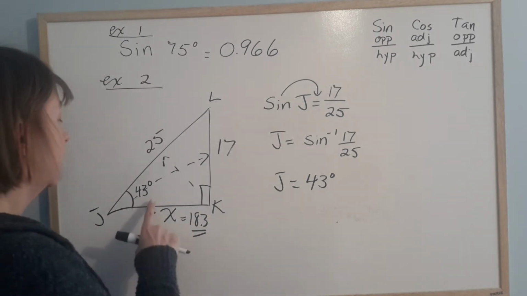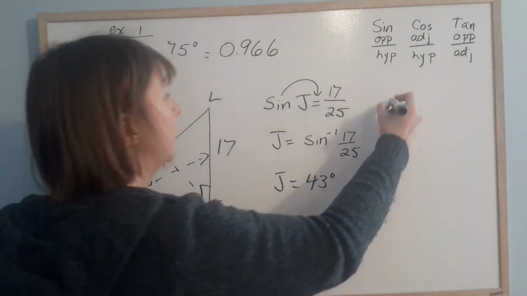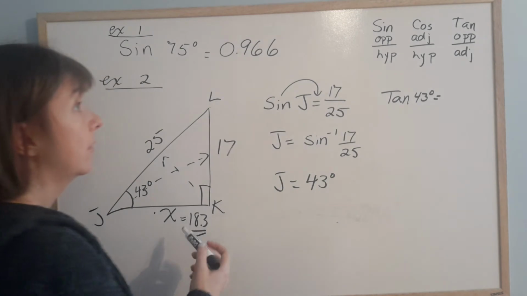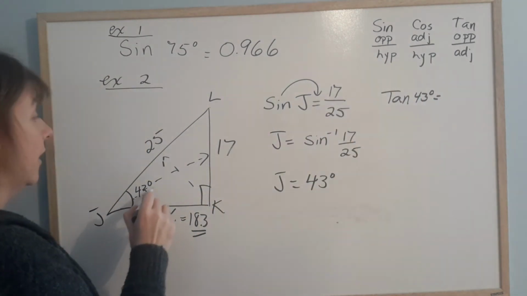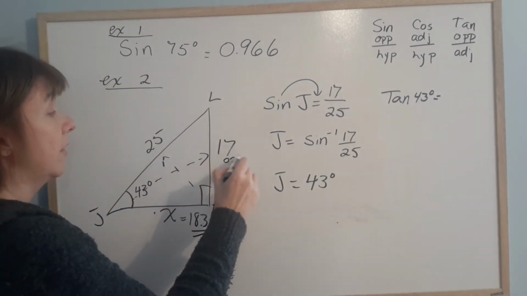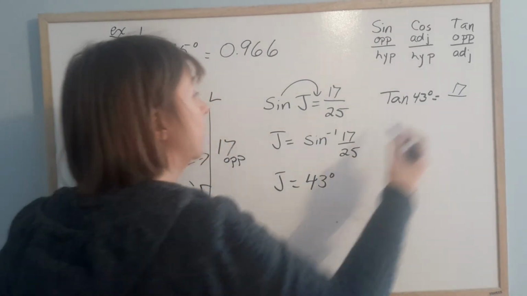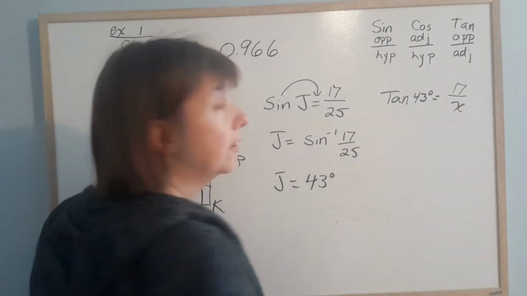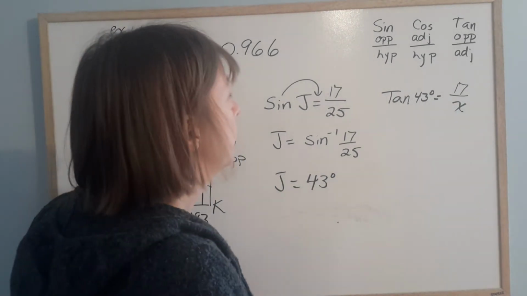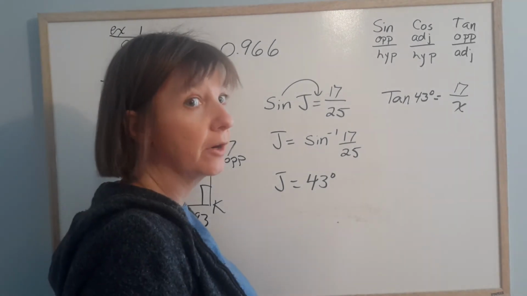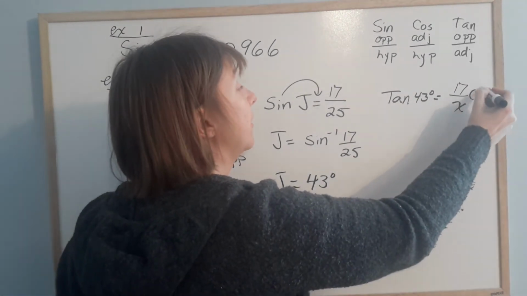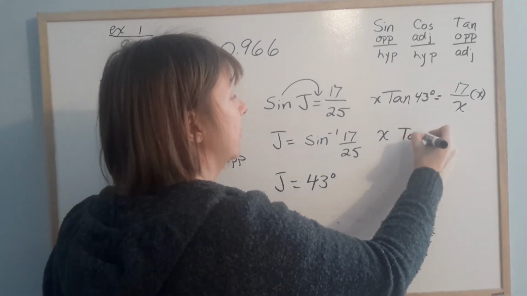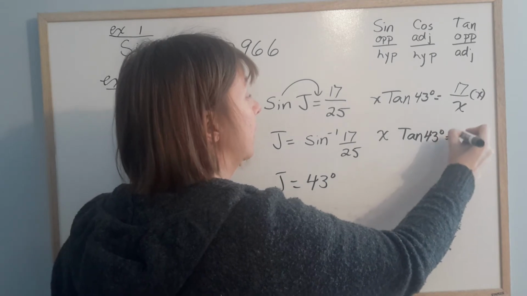Tan of 43 degrees is the opposite side, which is this side, 17, over the adjacent side, which we are pretending we don't know, x. To solve for a variable in a denominator, I multiply this side by x, and I multiply this side by x. So I have x times tan of 43 is 17.